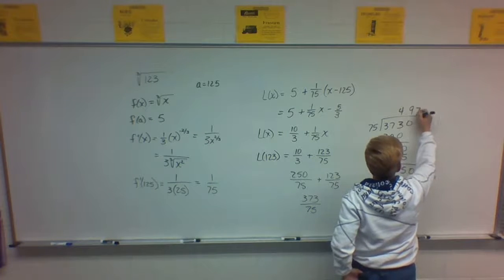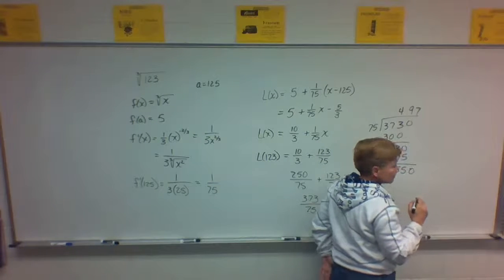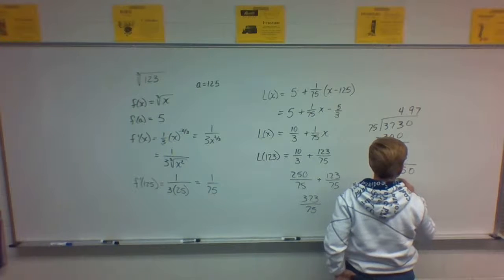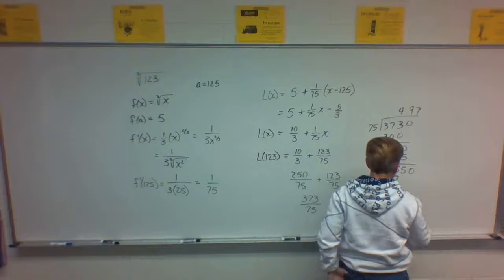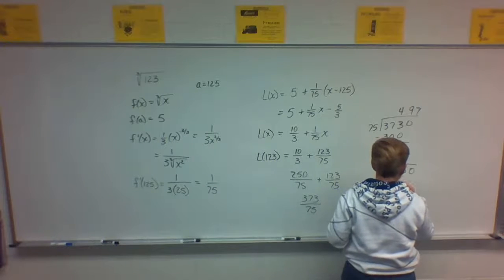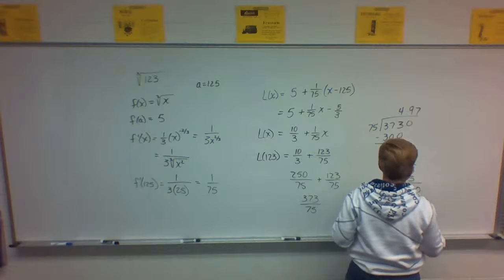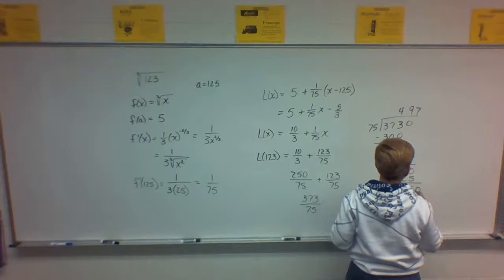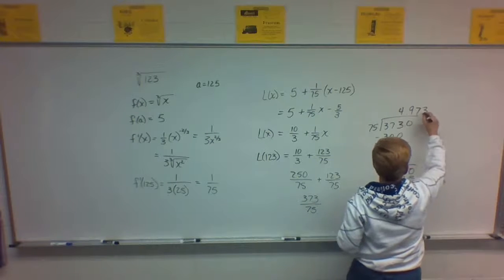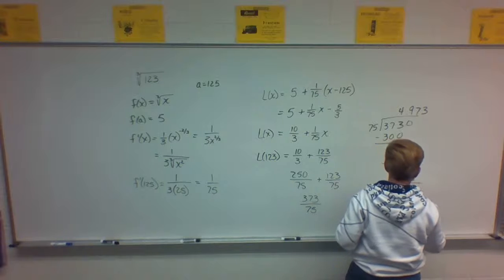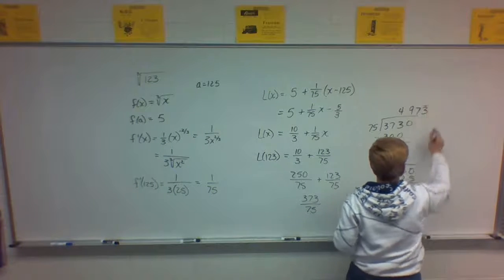And 7 times 75 is 525. That leaves 25. Give me just one more. 75 into 250? 3, I'll stop there. 3 times 75 would be 225. So it looks like it's going to be 3 repeated, is that right?